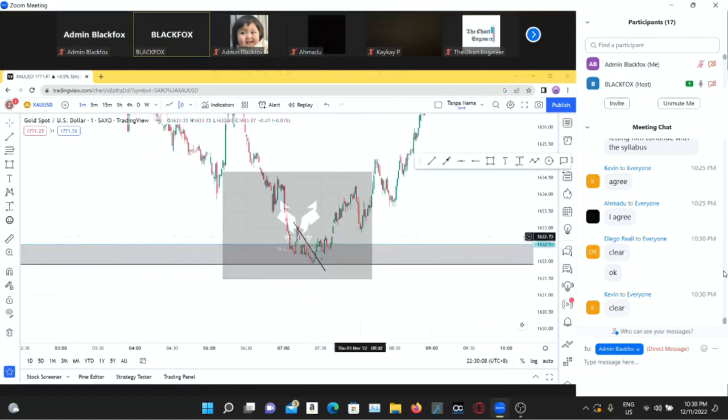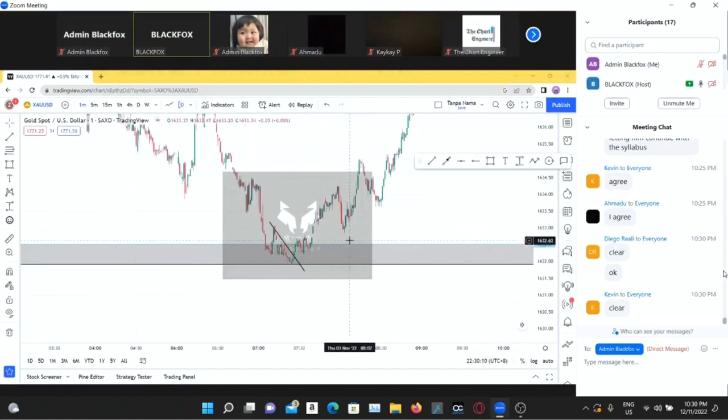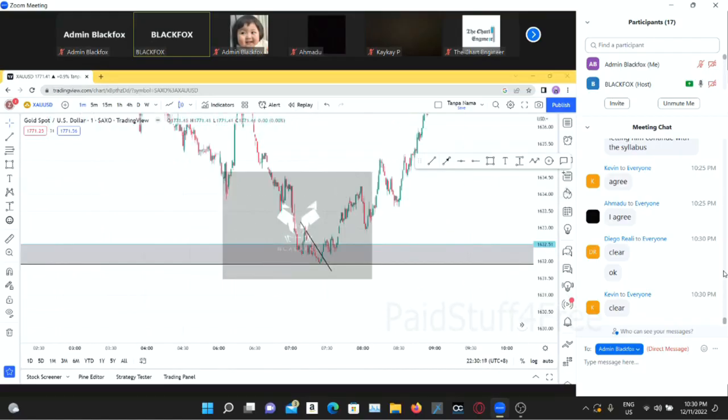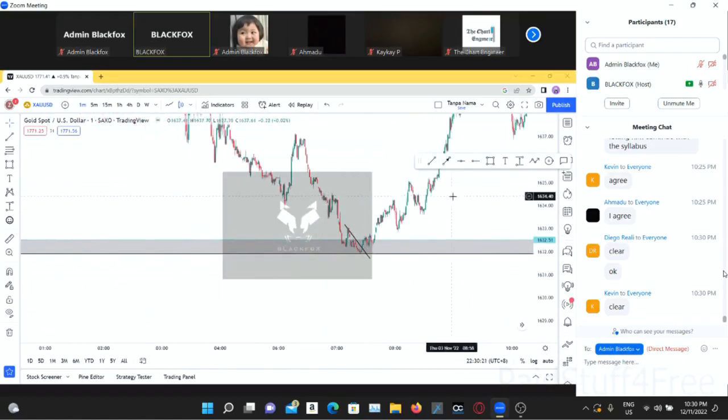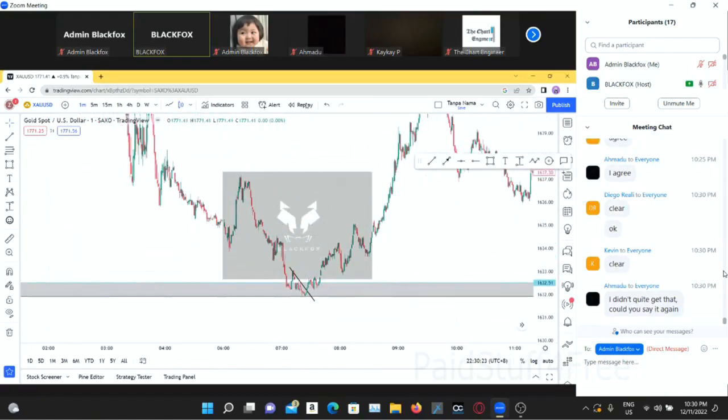Yeah, so I use this confirmation for entry. I always use this one because we need to find confirmation for entry. So TP 50 to 100.